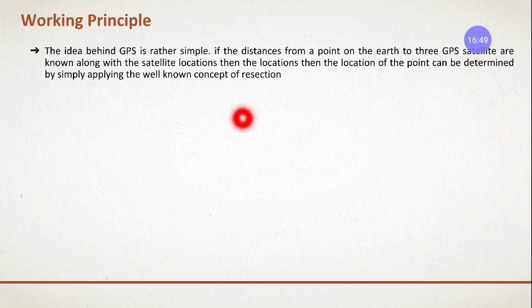If we know the locations of the 3 satellites, we can find out the location of ourselves, the receiver, with the help of resection.